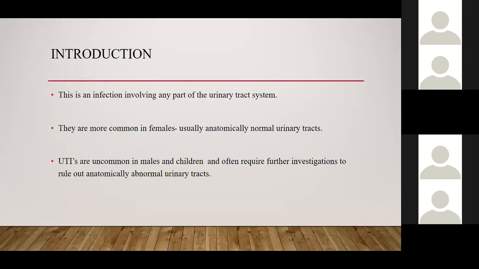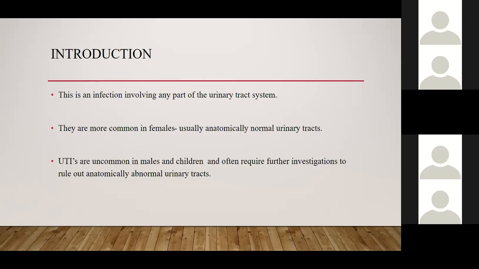Once you have any infection along any part of the urinary tract system, and let's say from down to up, because the infection usually tends to be in an ascending manner, so any form of infection along the urinary tracts from your urethra way up to the level of the kidneys, then we say that you have a urinary tract infection.